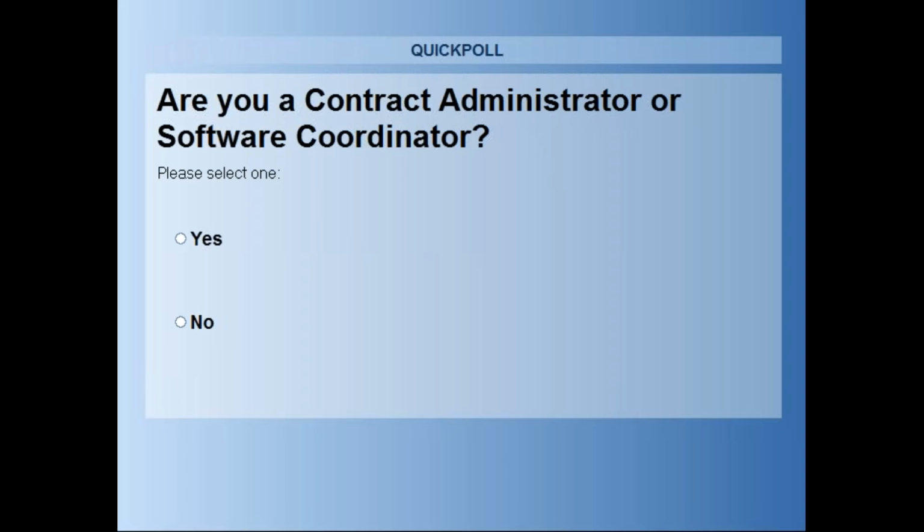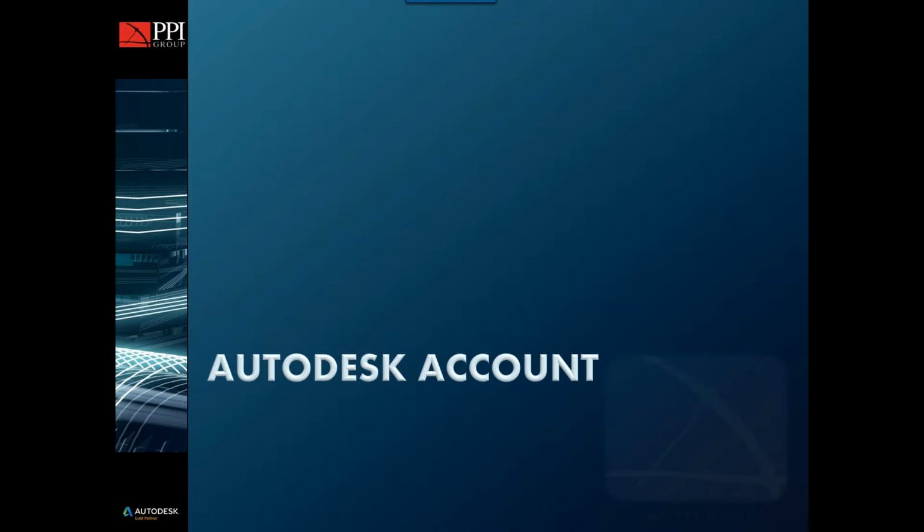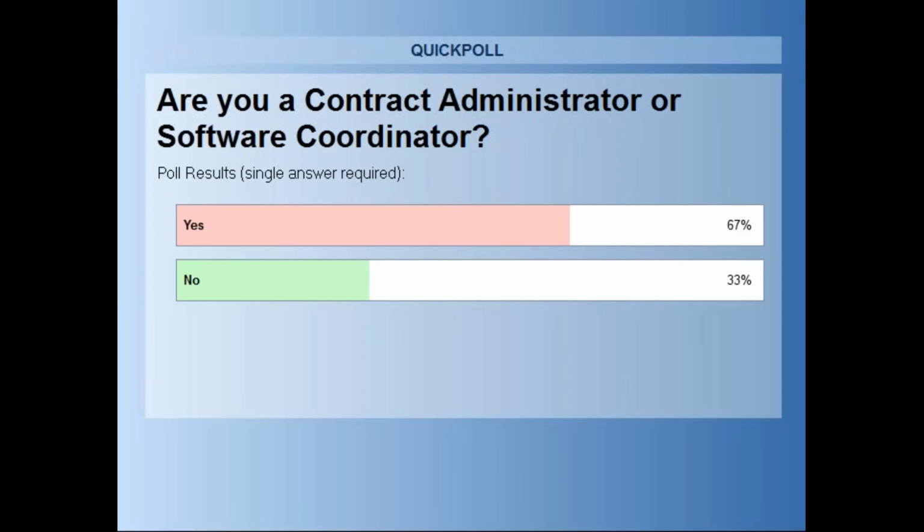And for those of you who aren't either a software coordinator or contract administrator, it's important for you to know who is your contract administrator or software coordinator. That way, if you need this information in the future, you know who to contact. And it looks like a good portion of you at least have some access to most of the stuff we're going to be going over. So with that, let's go ahead and get rolling.